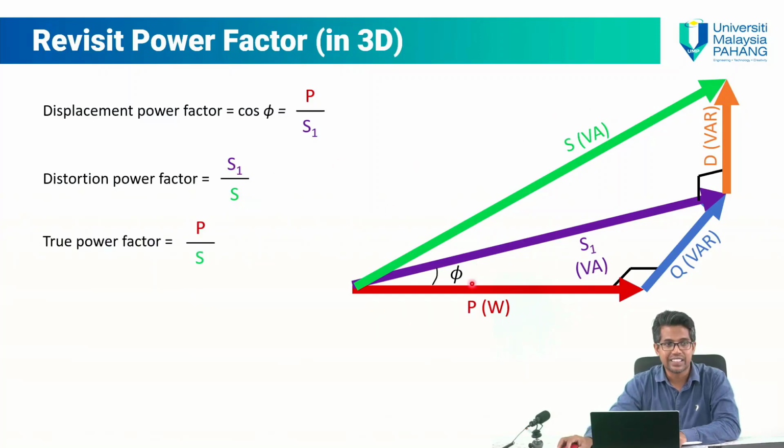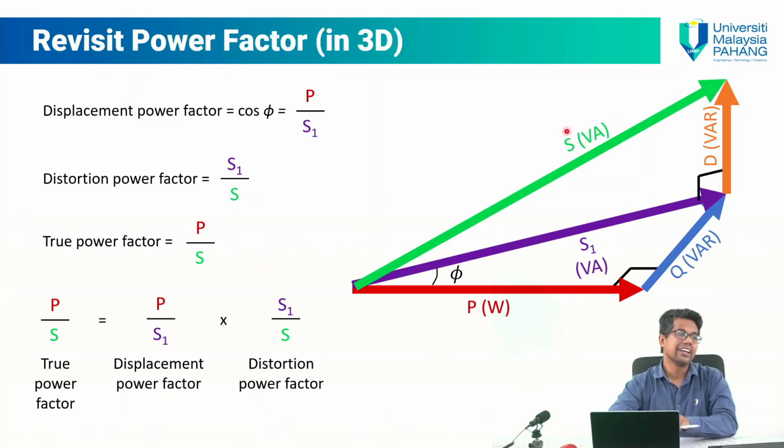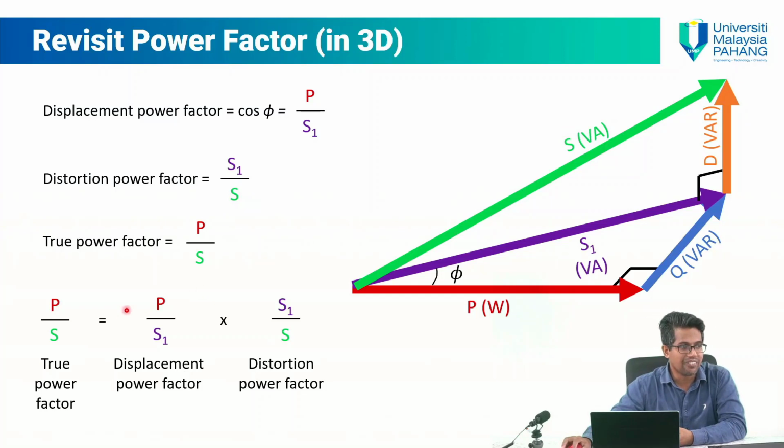True power factor is P compared to S. P over S equals P over S1 times S1 over S, because S1 cancels out. So true power factor equals displacement power factor, our cos phi, times distortion power factor.